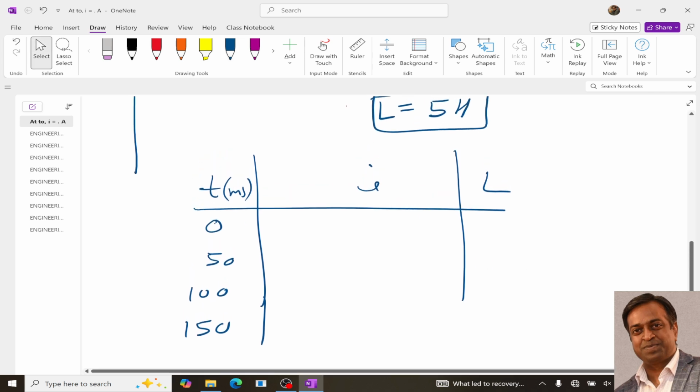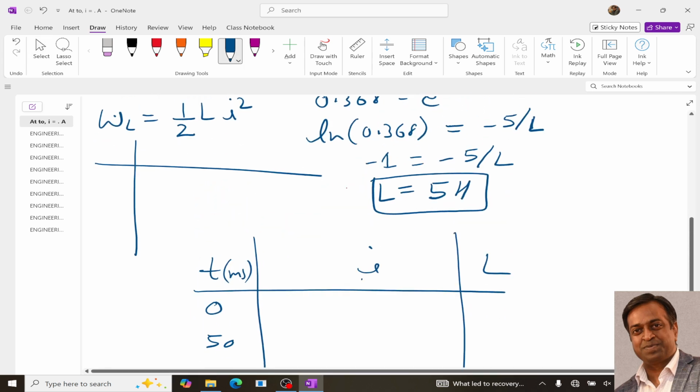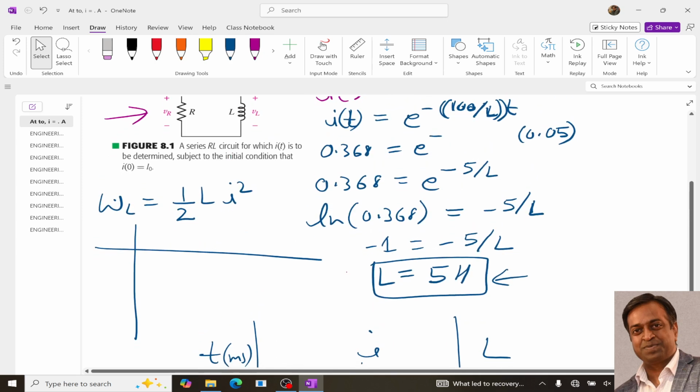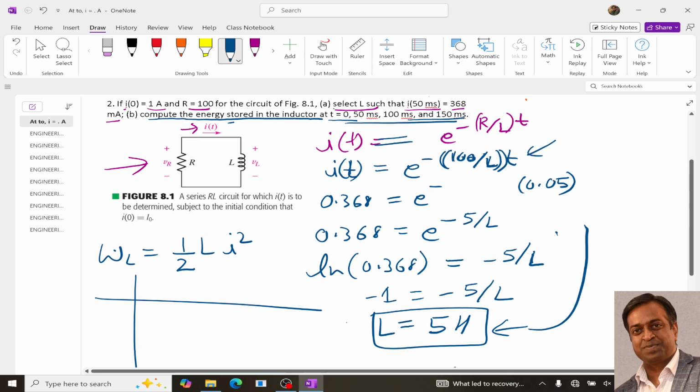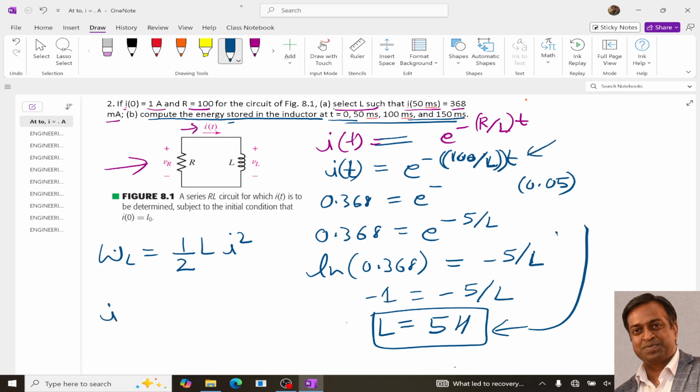Now, since our L is 5, substituting this value of L in the equation, we get i(t) equals e to the power minus 100 by 5 into t.